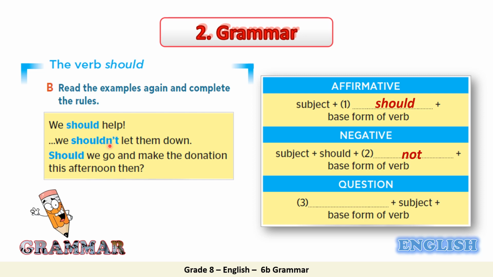We shouldn't let them down. To form questions, we begin with should plus a subject plus the base form of the verb. Should we go and make the donation this afternoon then? Great job, dear students.